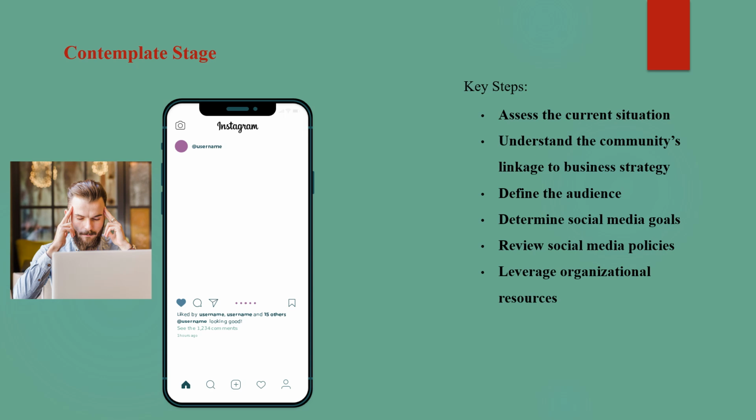Finally, leverage organizational resources such as subject matter expert and existing content, maximizing the impact of social media strategy. This holistic approach ensures that the social media strategy is comprehensive, targeted, and aligned with the organization's overall goals, setting the stage for successful community engagement and business growth.